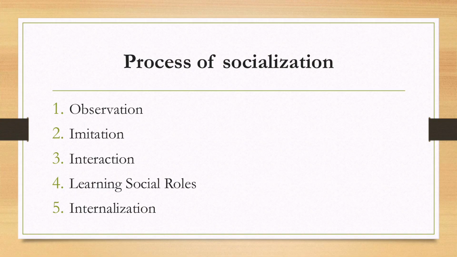For example, a nurse learns professional responsibility towards patients. The next process is internalization. Values and norms become a part of a person's personality and behavior. For example, honesty becomes a natural habit. It is not just followed, it is a natural habit. So these are the processes of socialization.